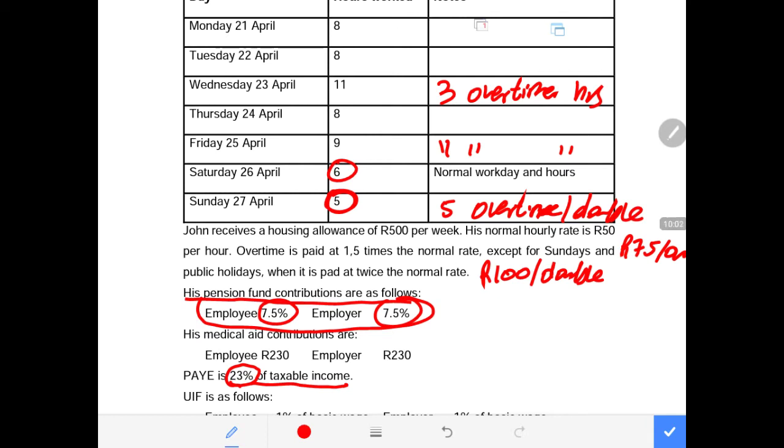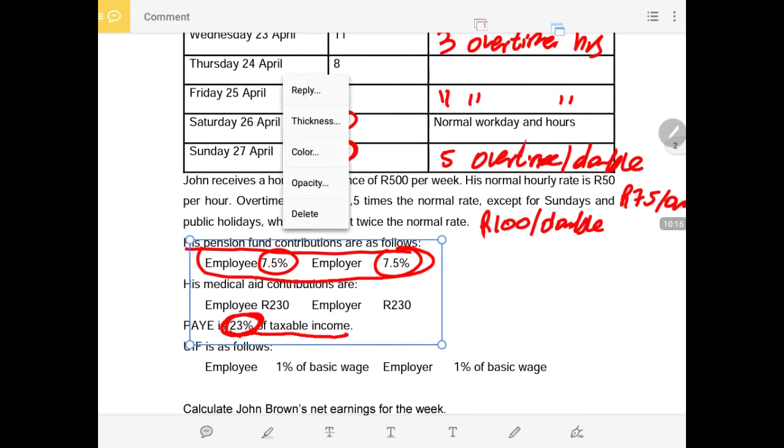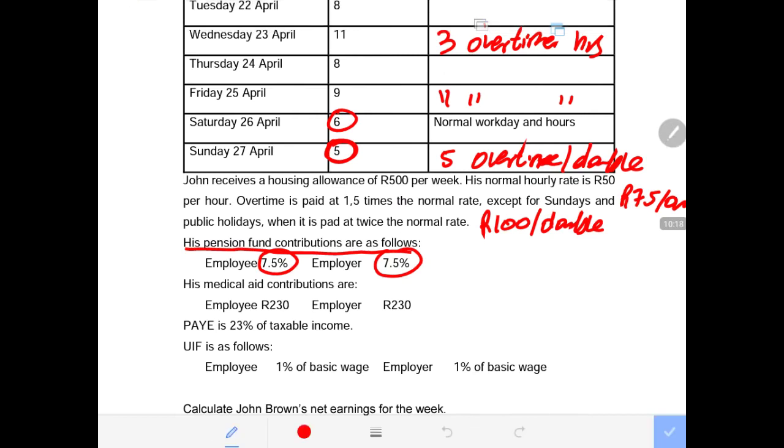Hence after we deduct the pension fund or the retirement annuity fund, we get to taxable income, and that is where we can calculate the tax this employee will pay, which is 23% to be paid to SARS. Then after that we have UIF, the Unemployment Insurance Fund, of which 1% is contributed by the employee and 1% by the employer.